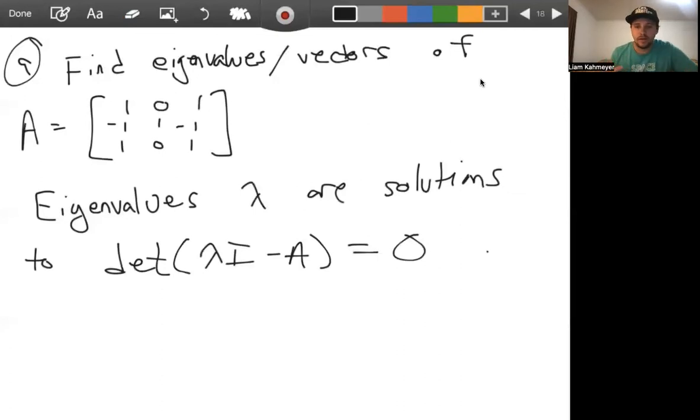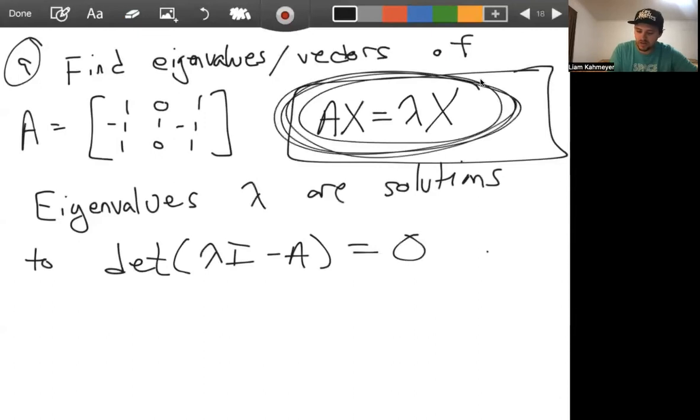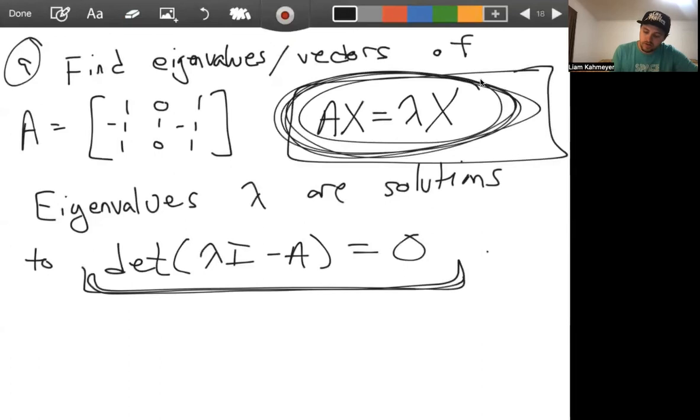And remember, let's take a step back. What are eigenvalues and eigenvectors? Those are scalars, lambda, and vectors x, such that Ax equals lambda x, right? These are your eigenvalues and eigenvectors. So how do we find lambda, right? Well, we find lambda by finding the roots to the characteristic polynomial. And that's exactly what we're going to do.